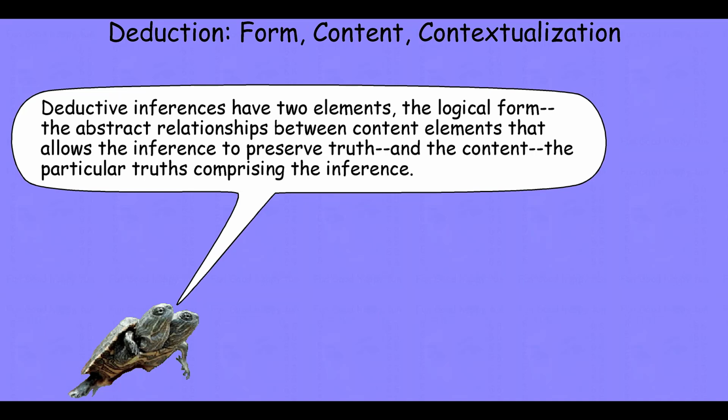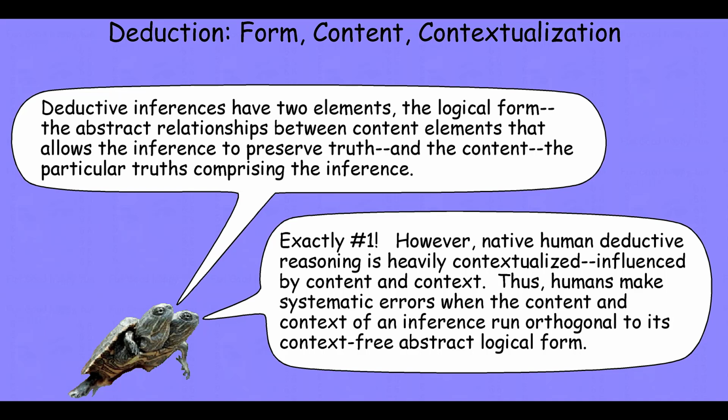On the other hand, we have the content of the particular truths that comprise the initial information and the information that gets generated through the inferential transformation. So deductive arguments really have two elements. Both elements have to be present and aligned in order for deductive inference to be effective. They have to have that good underlying form, that abstract relationship between content elements, and they have to have good truth. They have to have good initial information in order to generate good information through the inferential transformation.